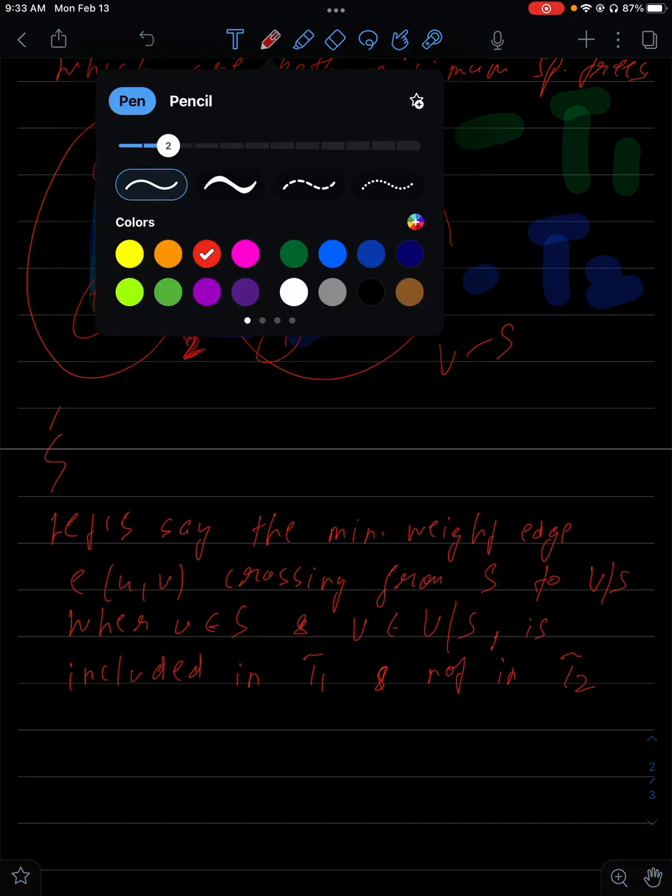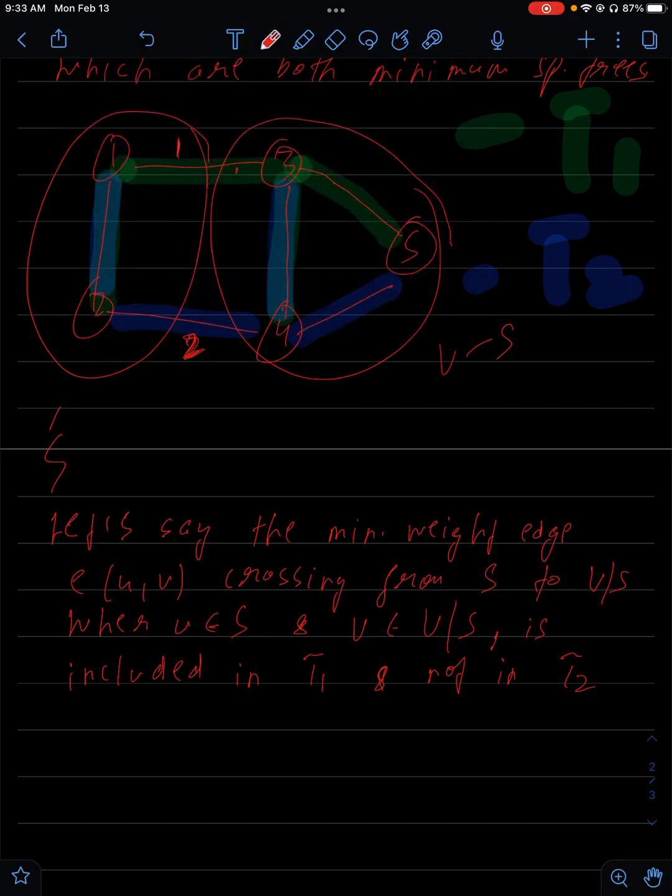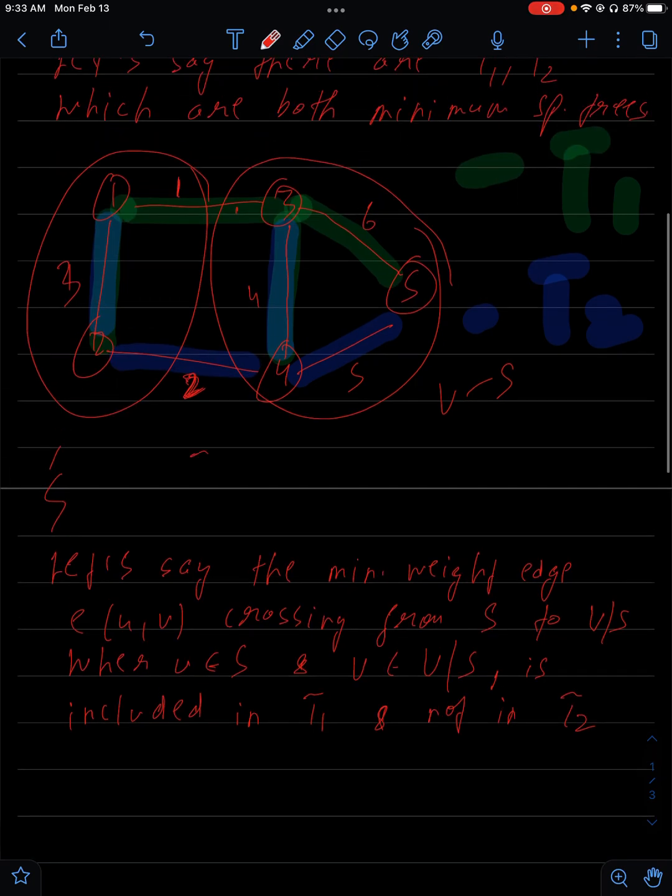Let's write all the other weights. Let's say this is 1, a unique weight, so this is 3, this is 4, 5, 6. Now T1 will have a total weight of 3 plus 1 plus 4 plus 6, and T2 will have a weight of 3 plus 2 plus 4 plus 5.